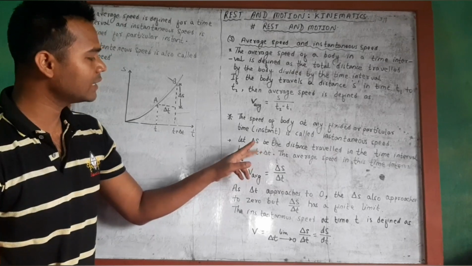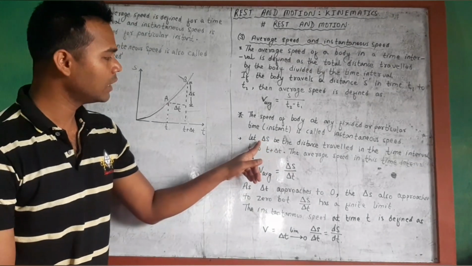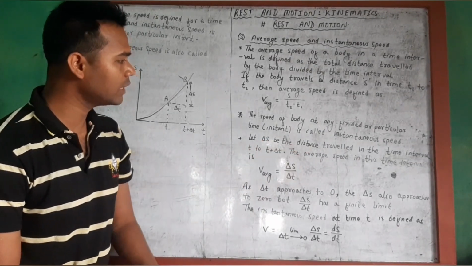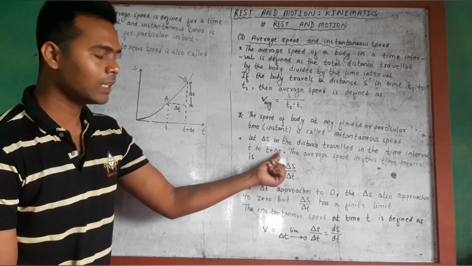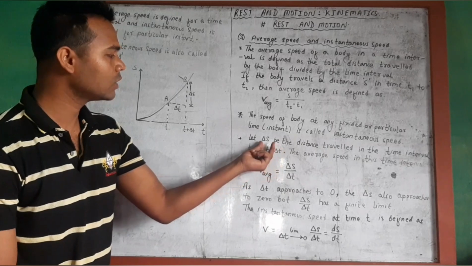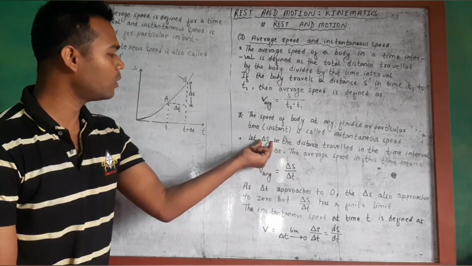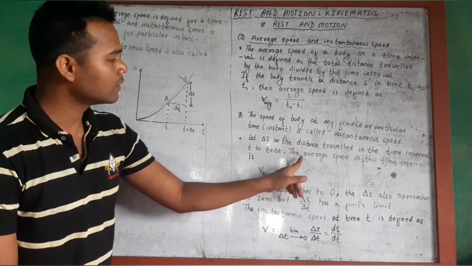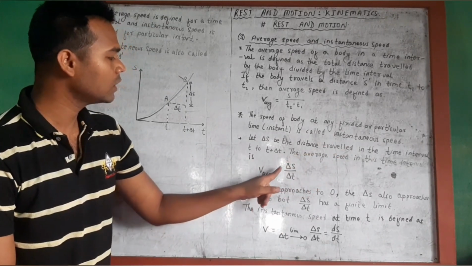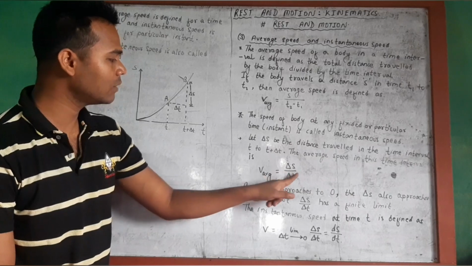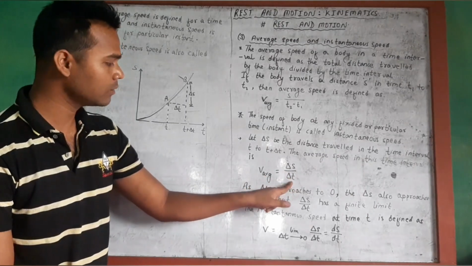For understanding instantaneous speed, let del s be the distance traveled in the time interval t to t plus del t. That means in the time interval del t, the body covers the distance del s. The average speed in this time interval is given by total distance del s divided by total time interval del t.